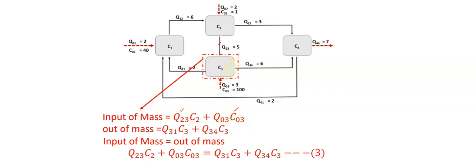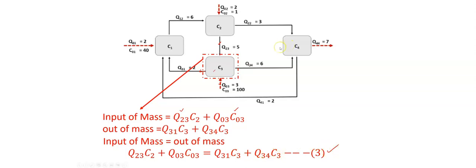Out of mass is Q31, so that stream is coming out, so Q31 into C3 and Q34 into again C3, so that is out of mass. So again if we put together, input of mass is equal to out of mass, so Q23 C2 plus Q03 C03 is equal to Q31 C3 plus Q34 C3, so that is equation number 3.